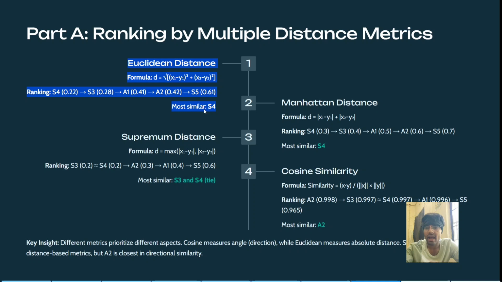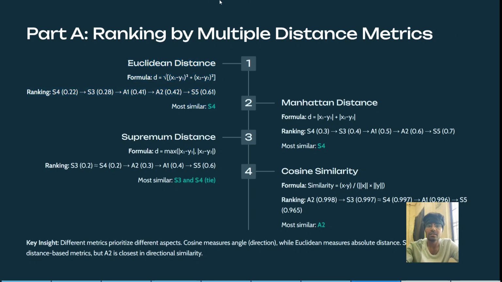For S2, the square root of (1.4 minus 1.7) squared plus (1.6 minus 1.9) squared, that's the square root of 0.09 plus 0.09, approximately 0.42.